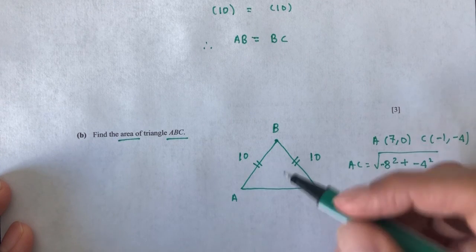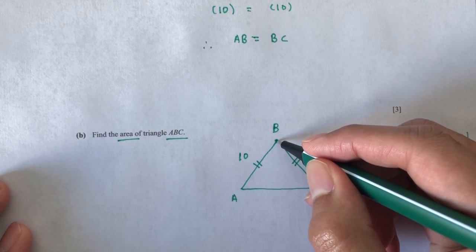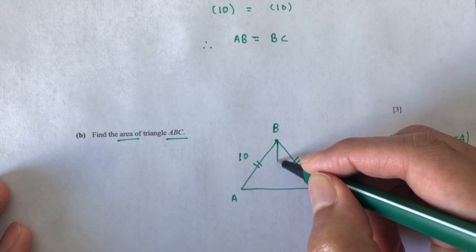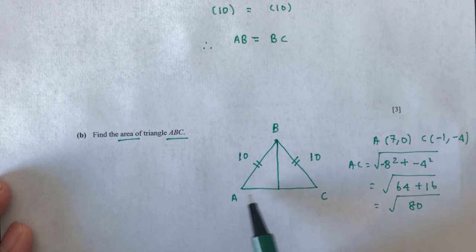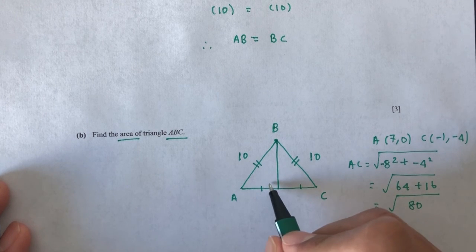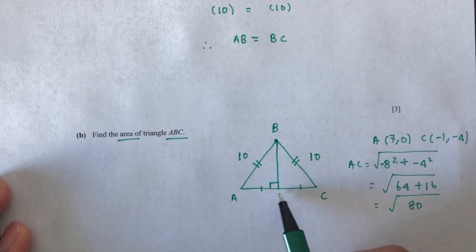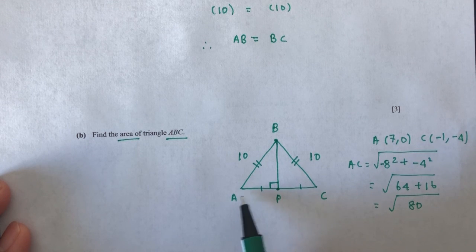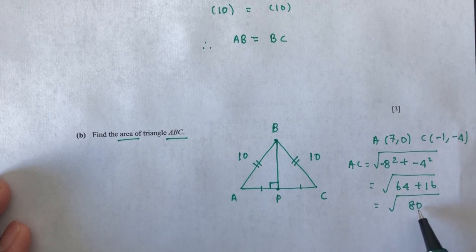So now, this will be the vertical line cutting AC into equal parts. So this is 90 degrees. Let's name this point P. What is the length of AP? AP will be square root of 80 divided by 2.